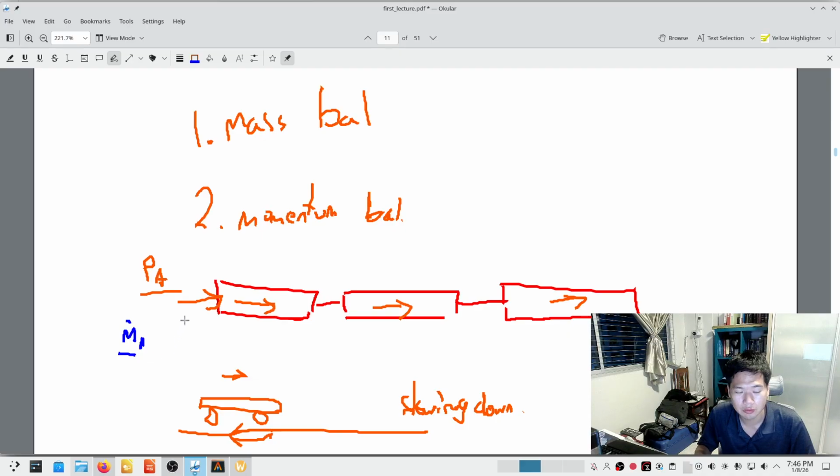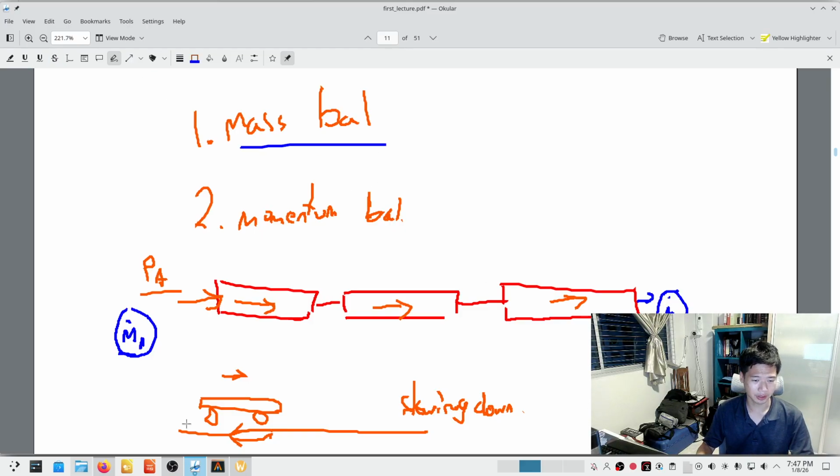So if fluid flows in at a mass flow rate of M1, the amount of mass coming out of this series of pipes must also be M1, because of conservation of mass.